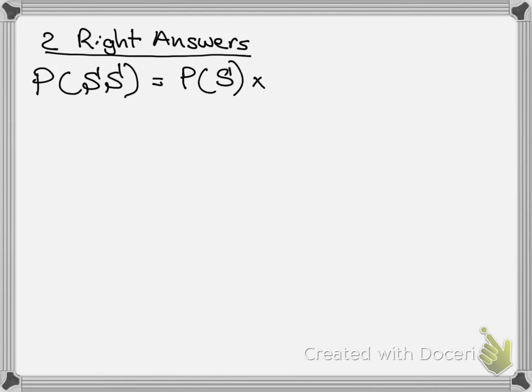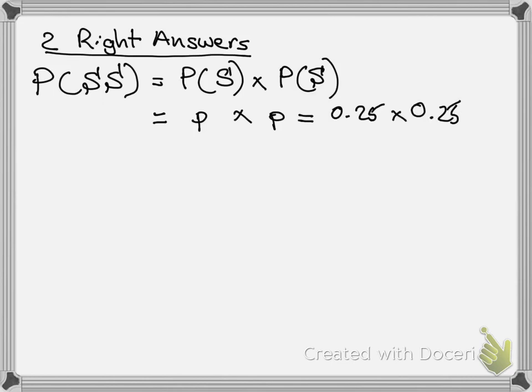The probability of S times the probability of S, that's P times P. P is 25%, so 0.25 times 0.25, which is equal to 0.0625.